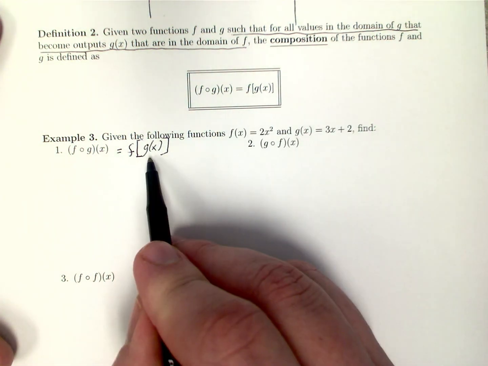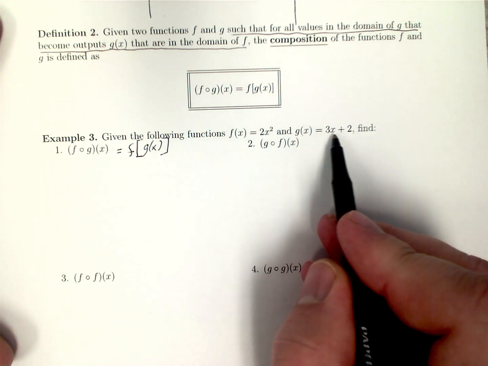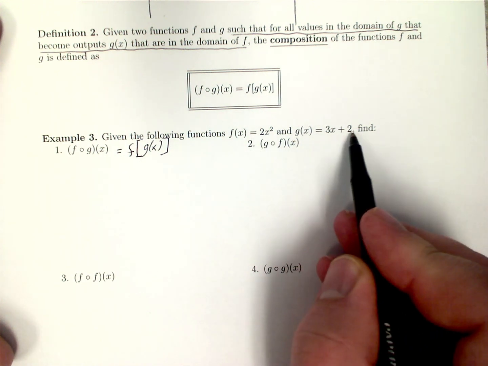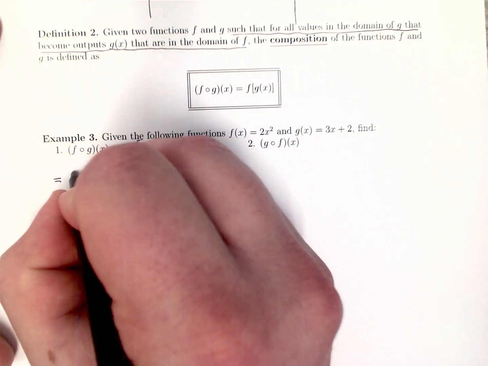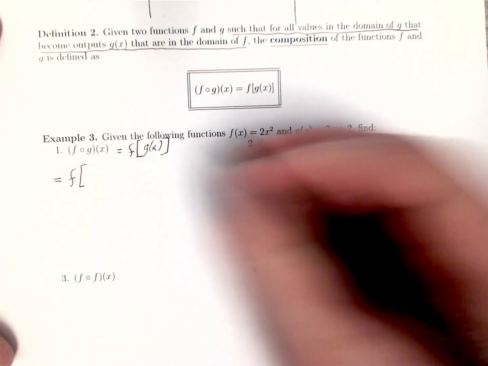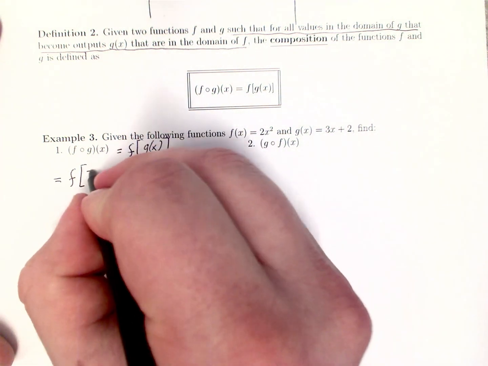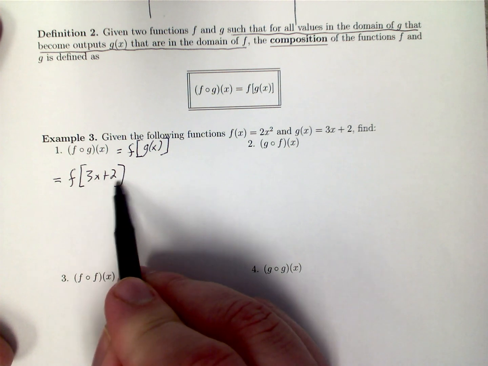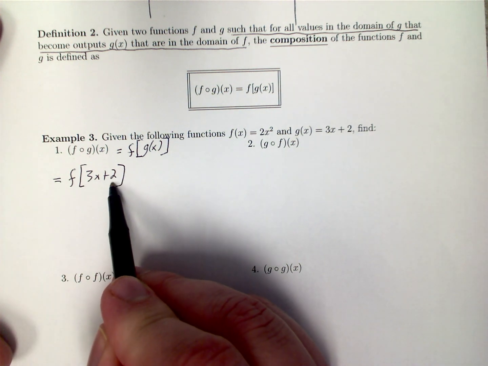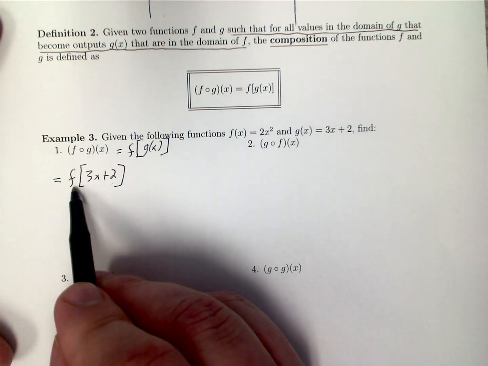But what is g of x? Well, g is this formula here, 3x plus 2. So f of g of x is really f of 3x plus 2. And now we know exactly what we're plugging in. 3x plus 2, and we plug that into f.